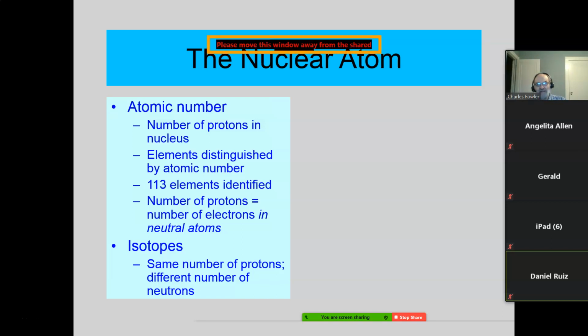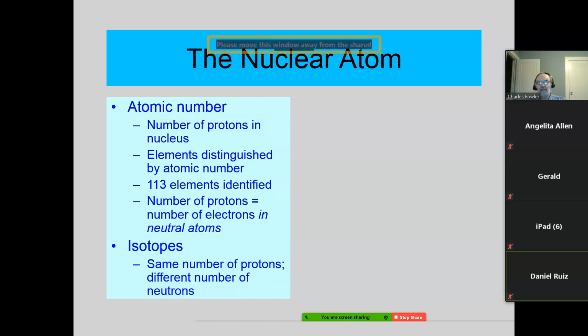But guess what? It has twice the mass, because most of the mass is in the nucleus, and if you have a neutron in there with a proton, they have almost the same mass. You've now doubled your mass, and yet you still have the same atom, because the atomic number is still 1, because there's only one proton in there. So that would be an isotope.